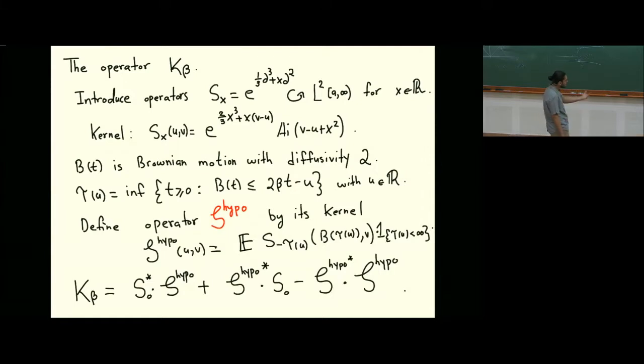Now, if you want to construct this k beta, you have to follow our recipe, which goes like the following. You take a standard Brownian motion, and then you define a hitting time, which is going to be the following. You look at the first time a standard Brownian motion is going to hit, or lie below, this curve, which is 2 beta t minus u, where u is a parameter.